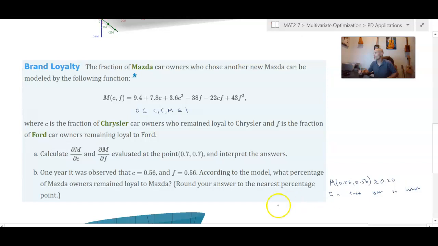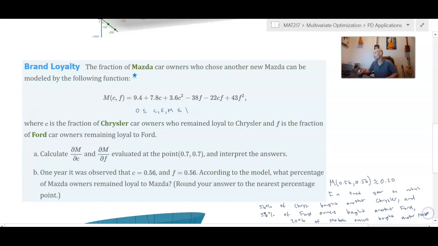in which 56% of Chrysler owners bought another Chrysler and 56% of Ford owners bought another Ford, 20% of Mazda owners bought another Mazda.